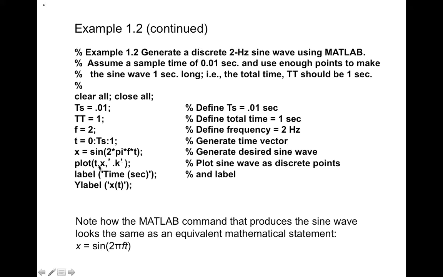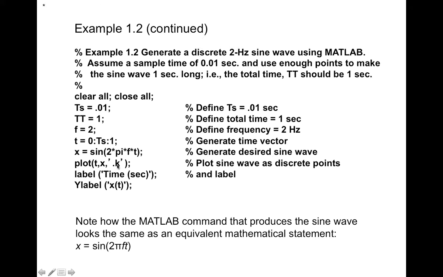And then notice here we're going to plot t comma x. So in MATLAB, x is the vertical variable and t is the horizontal variable. You enter the horizontal variable first and then the vertical variable.